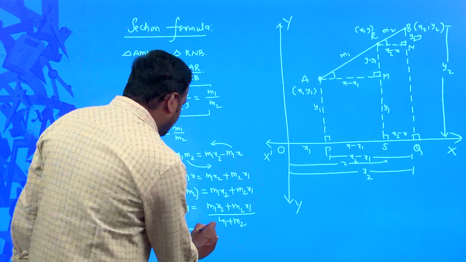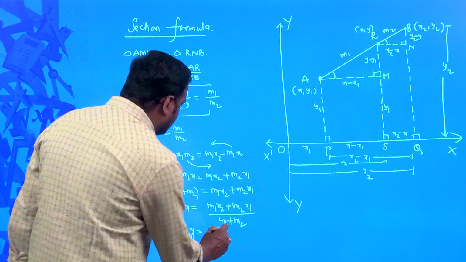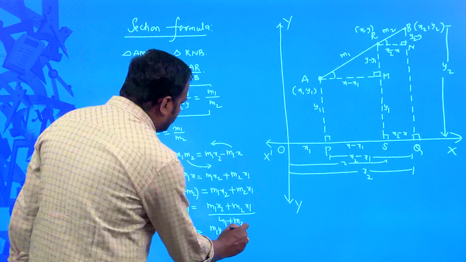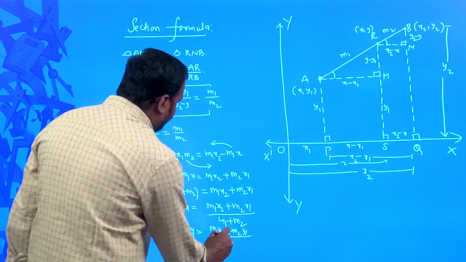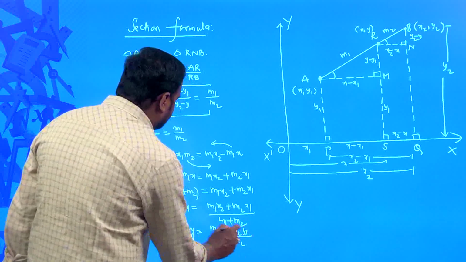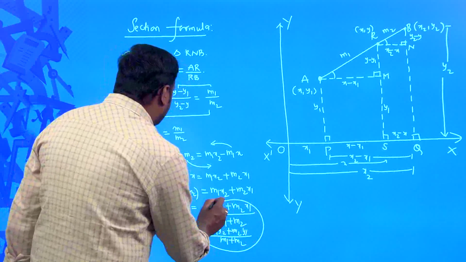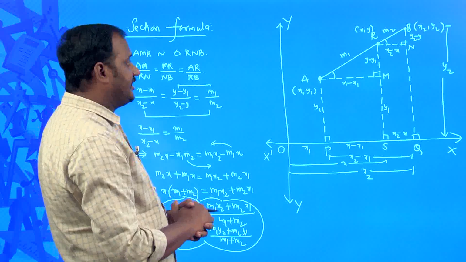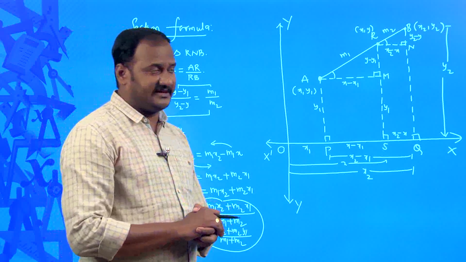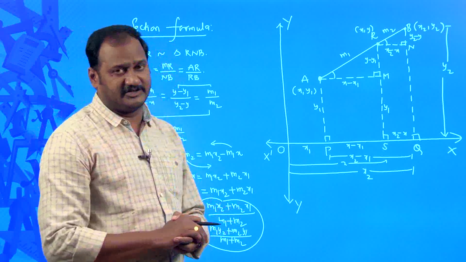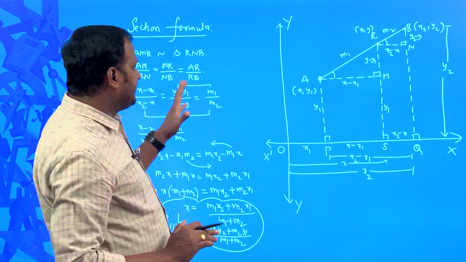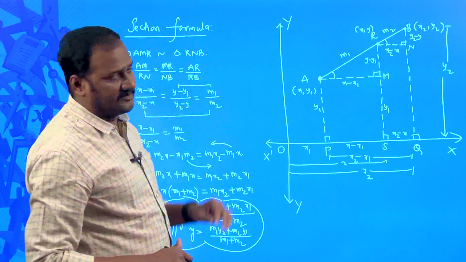It means the value of y is (M1 into y2 plus M2 into y1) whole divided by (M1 plus M2). So, this is the formula for R, where R is the point dividing the line segment AB into the given ratio M1 is to M2. So, this way we can derive the section formula.